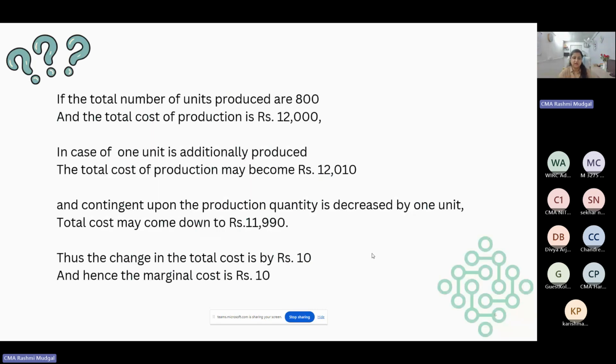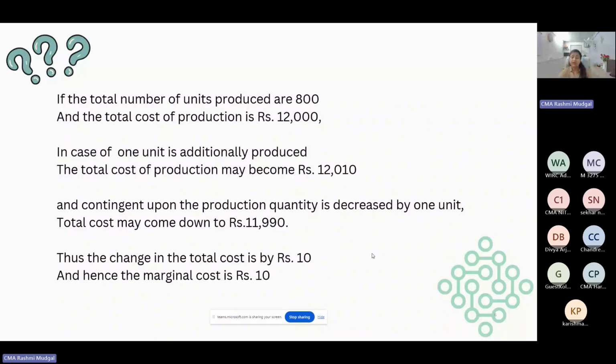For example, if the total number of units produced is 800 and the total cost of production is 12,000, in case one unit is additionally produced, the total cost of production may become rupees 12,010. So here one unit has increased and the cost of production increased by rupees 10.